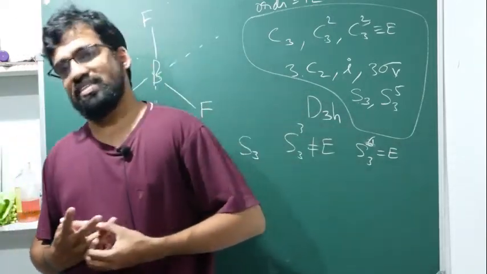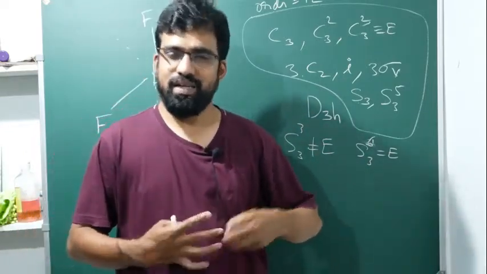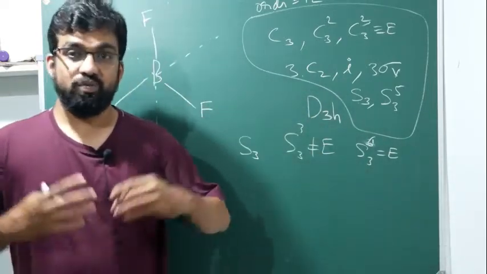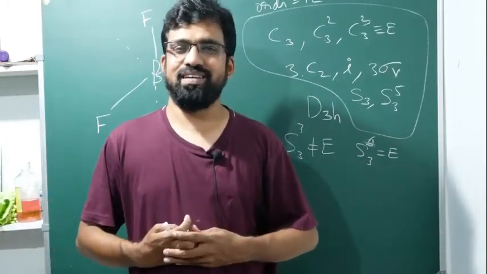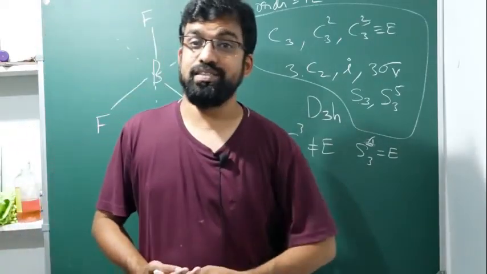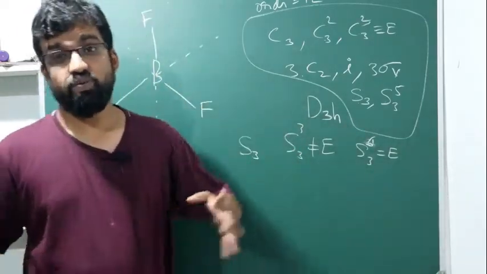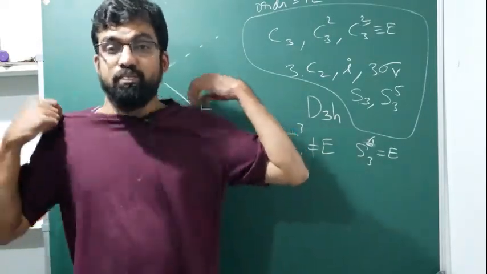In the next class, on Monday, you have one more hour. There I will give the shortcut, though for me that is not a shortcut. If you feel it is a shortcut, you can use it. That is a flowchart to identify the symmetry operations, I mean the point group.